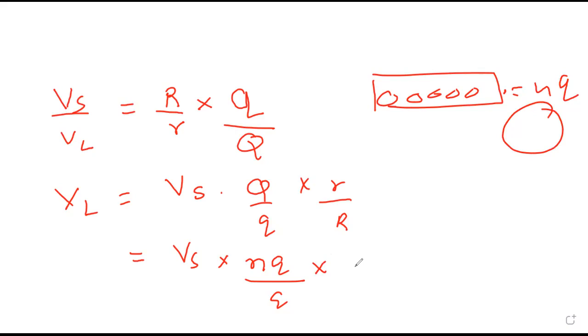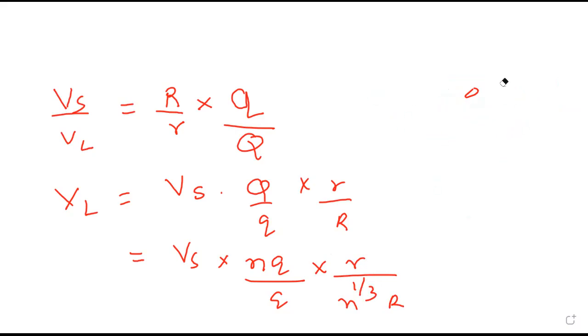What small r we got, or capital R we got, as n raised to 1 by 3 into small r. Yeah. So now when you simplify this, q will get cancelled. This q cancels.